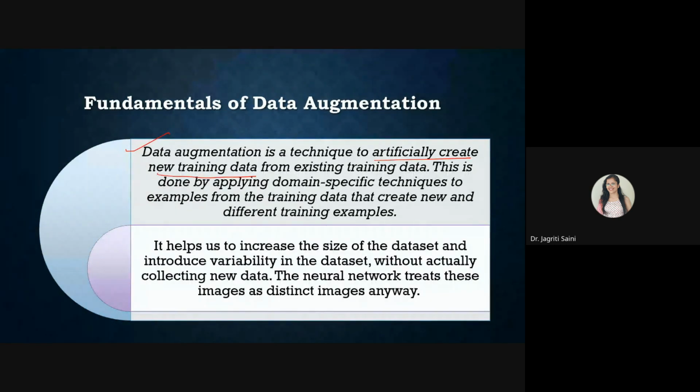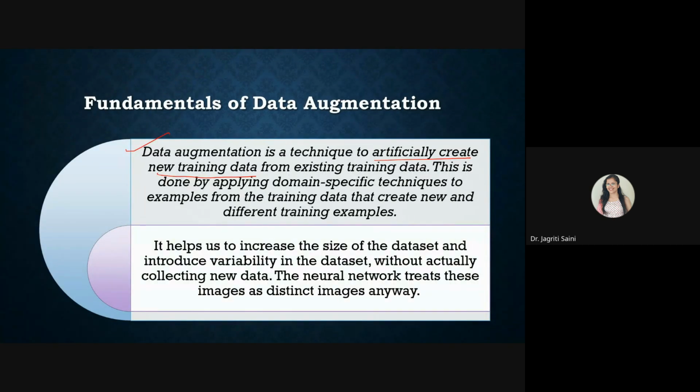We mainly focus on training data. Sometimes we also add it to validation data, because that is also considered a part of training data. Test data we generally keep away from this augmentation; we use it in its pure form only. So we are focusing on the training data and its sub-element while working on data augmentation.